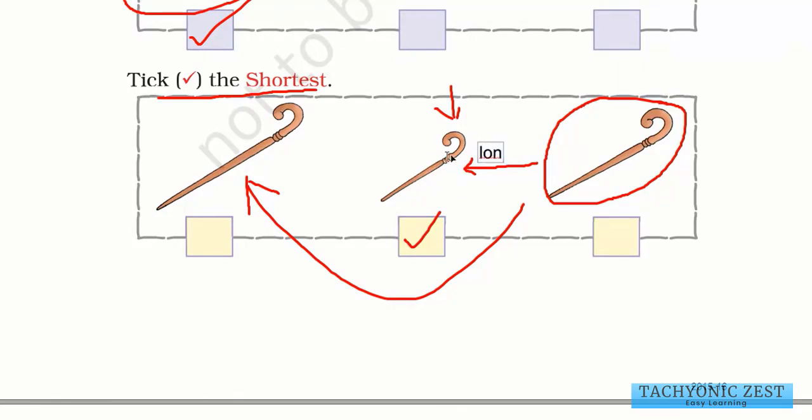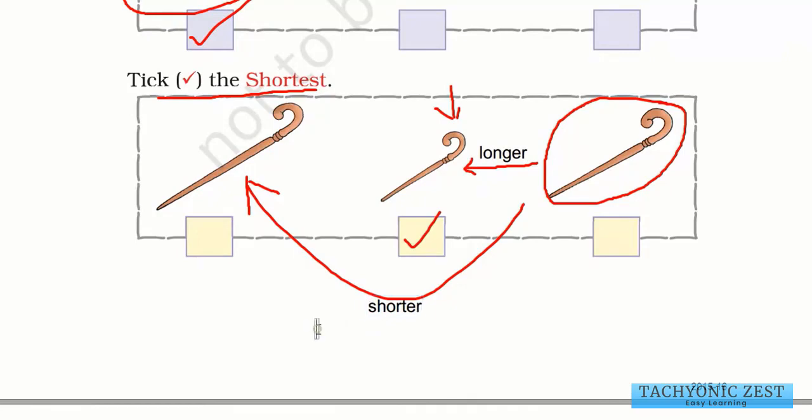So it is longer. This stick over here is shorter as compared to this stick, because this stick is the tallest. And this is again shorter if we compare it with this one. So here we can see it is shorter.